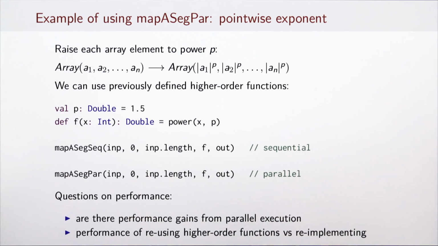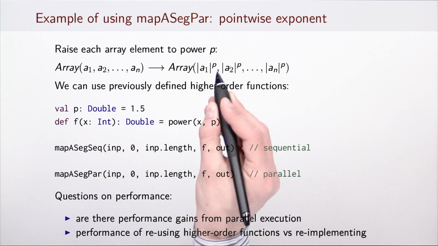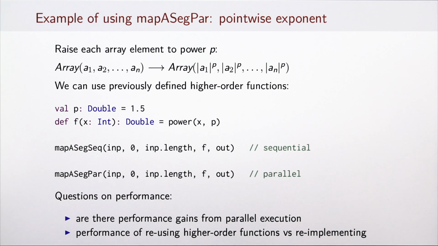There are several questions on performance that arise in this example. The first one is, of course, do we gain from parallel execution? And the second question you may ask is, wouldn't it be more efficient if we re-implement for this particular operation of raising to the power of p, the application of the operation to each element of the array?